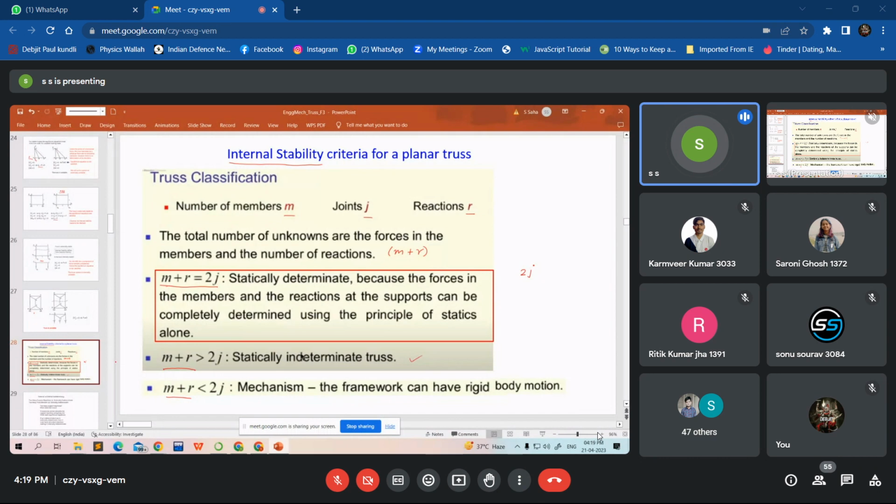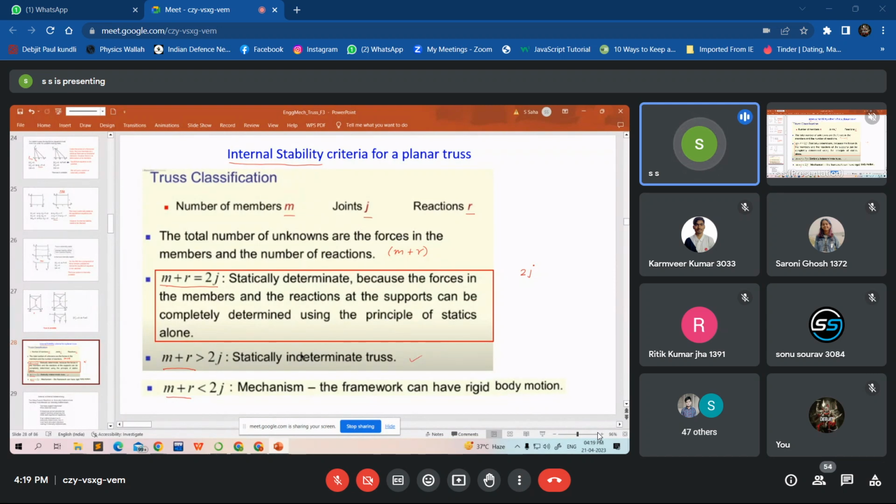Suppose you think in this manner: you have two variables, x and y. In order to solve them, you will need two equations, two simultaneous equations. Then you can solve for the variables. It is the same way. The number of variables is m plus r, and the number of equations is 2j. If the number of equations is equal, then you can solve.